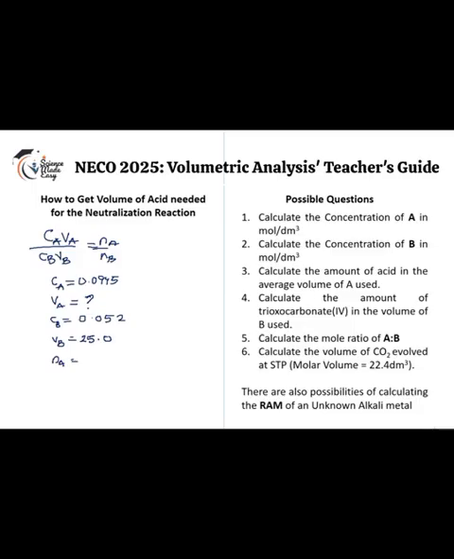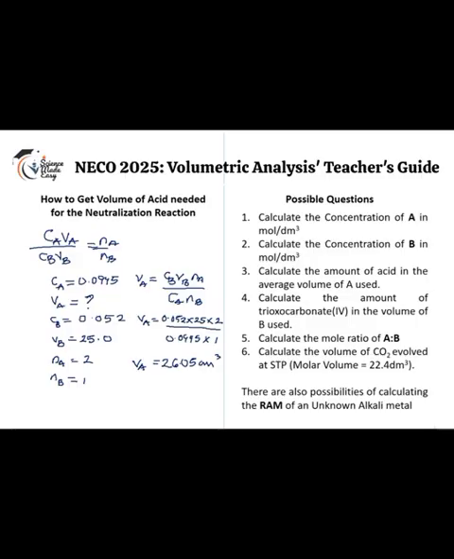Na is 2 and Nb is 1. Now I'm going ahead to substitute and look for the value of Va. Va is equal to CbVbNa over CaNb. Therefore, Va is equal to 0.052 times 25 times 2 divided by 0.0995 times 1. Therefore, Va is equal to 26.05 cm³.